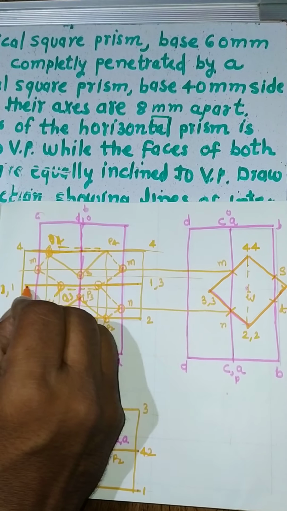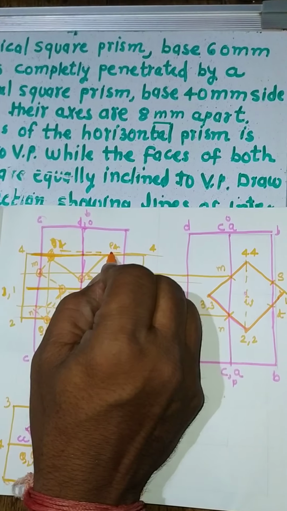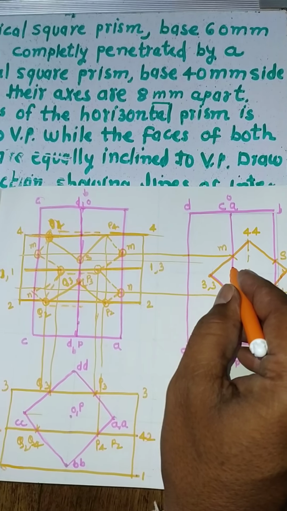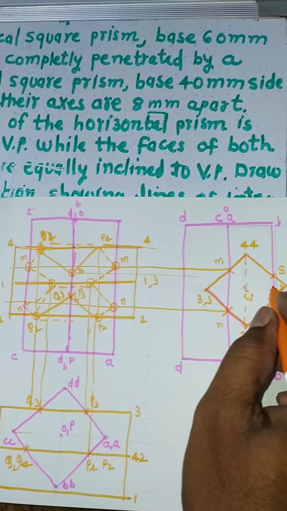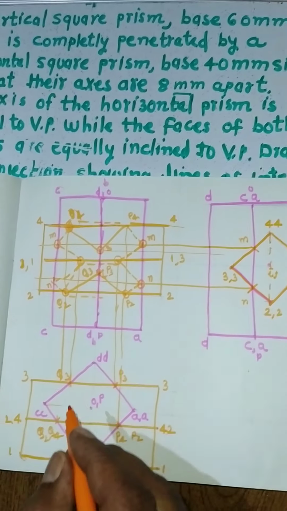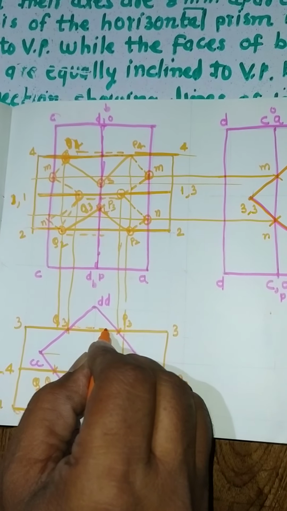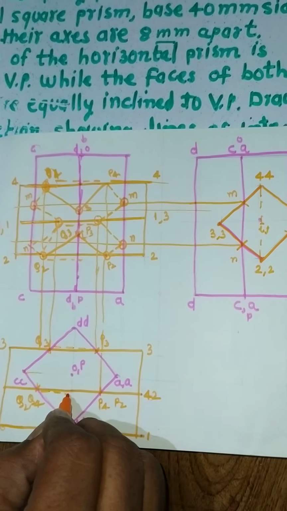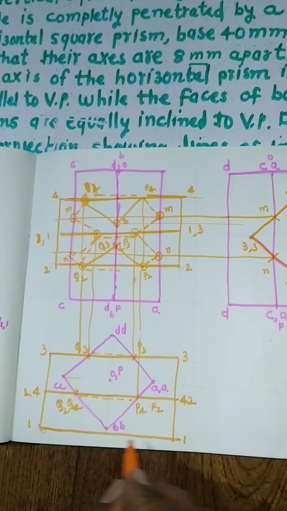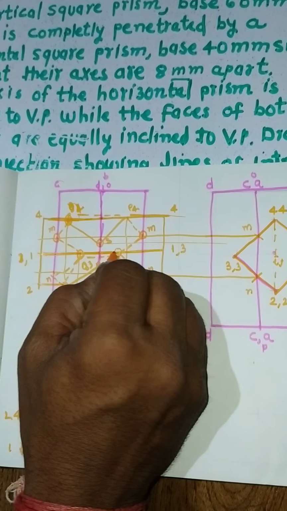And this line will be the darker line. This part is cut, so we have to show it faint, because the vertical solid is cut. Here this part will be dotted, which is lying inside the vertical solid. This will be dark, and this line 1-1 is seen, so it is completely dark.